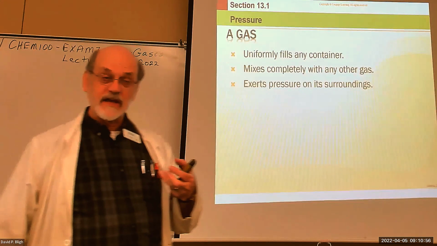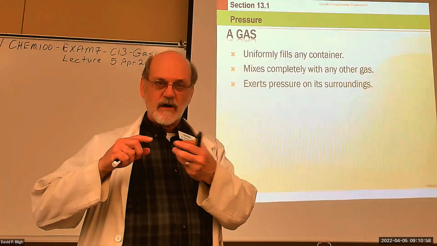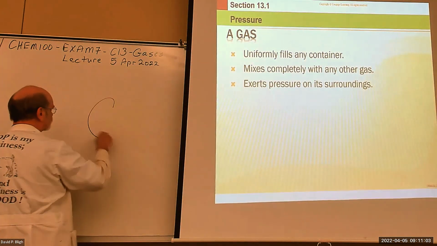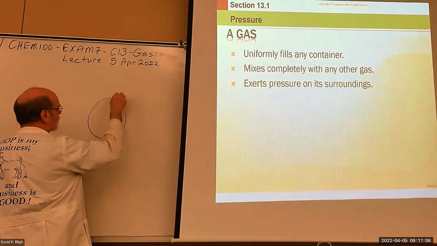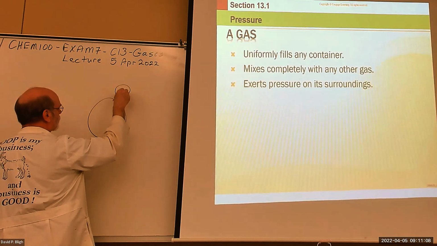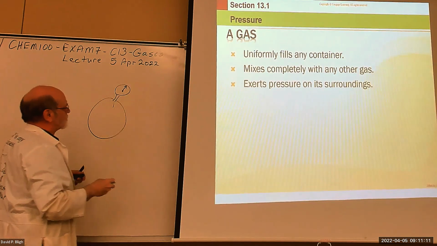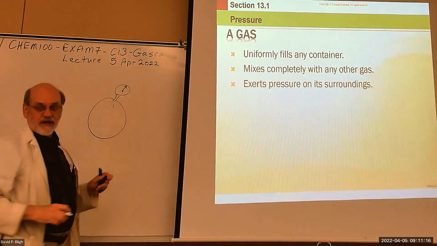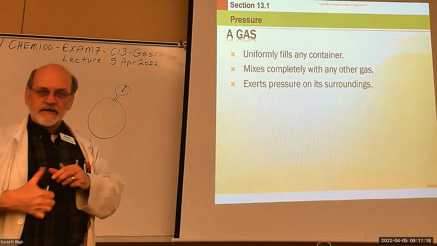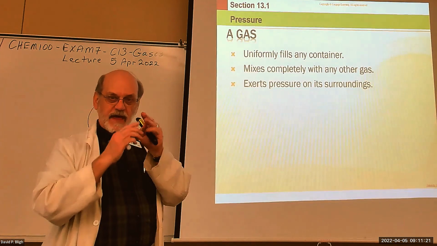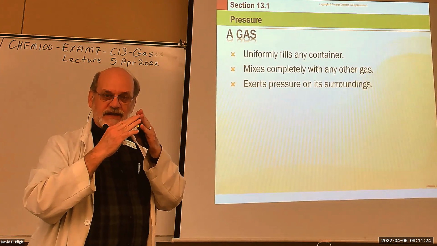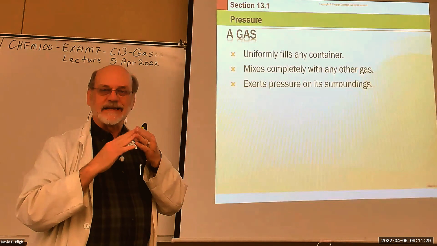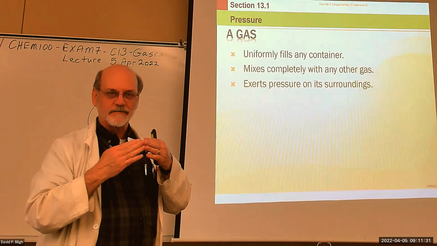The other type of gauge is open on one end into the container, right, like this. But it's also open to the outside. So there's a little diaphragm in there that serves as the device for feeling the pressure of the gas inside.